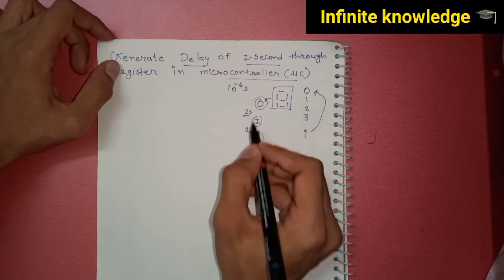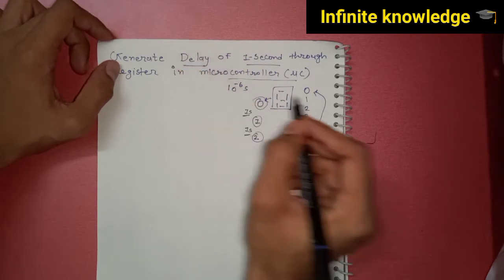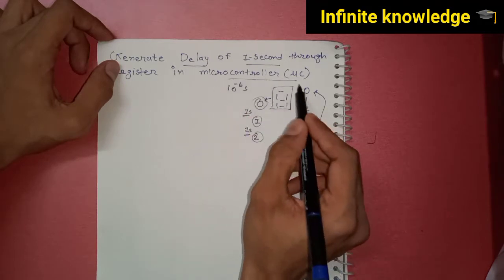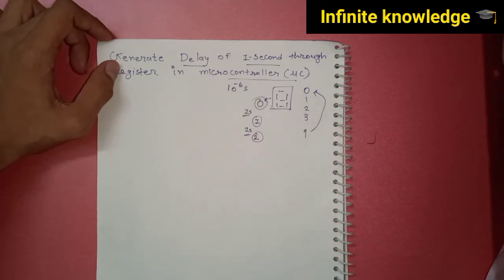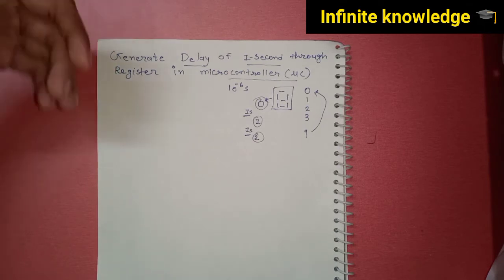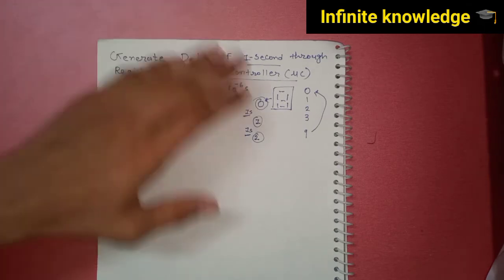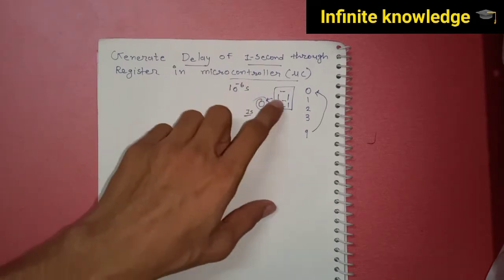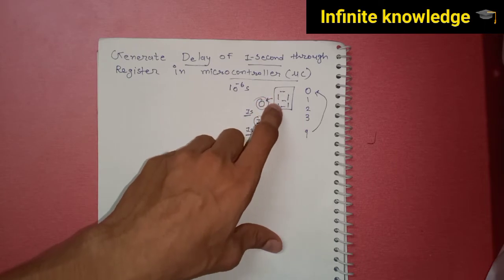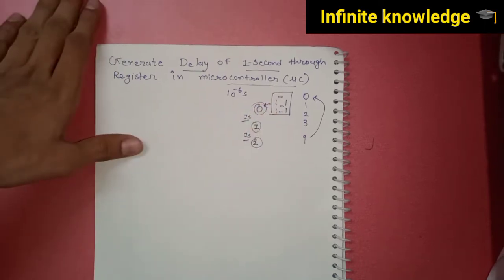So you have to apply a delay. When the display shows 0, then after 1 second it shows 1, and after another 1 second it shows 2. For this purpose we have to use delay. If you don't use delay, you might not be able to see any number on this display, unless you use a slow motion camera to see the very fast numbers.